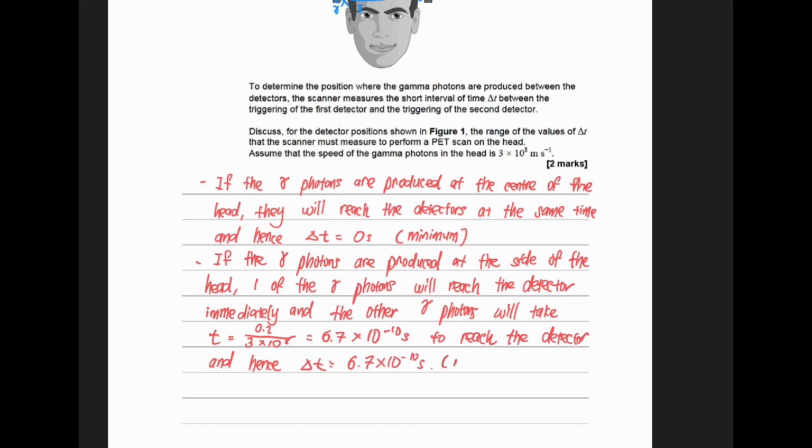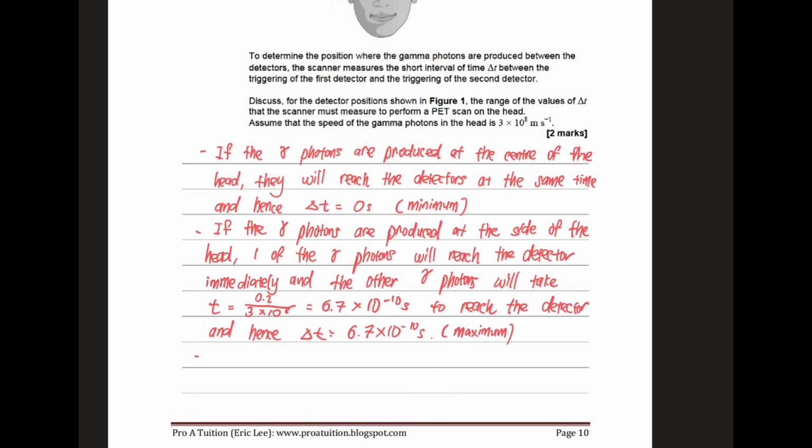So this is the maximum. So when you have the minimum and the maximum, now we have the range. The range of delta t is 0 second to 6.7 times 10 to the power of -10 seconds. Okay, so this is the whole question.